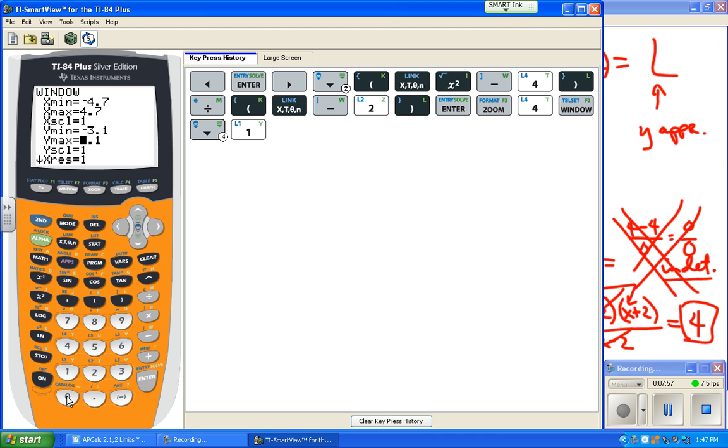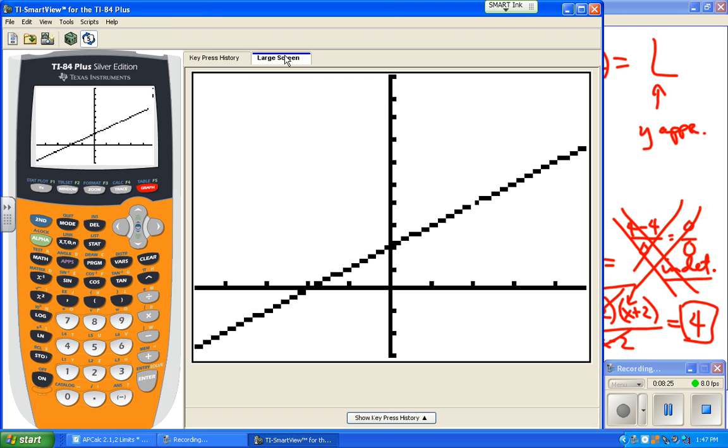The idea here is that I want those x values to count by tenths, because then it does numbers a little nicer for me. So this was zoom 4, and then I changed the highest y value because I want it to go taller. Let me get rid of that so it doesn't cause a problem, and let me switch that to a large screen graph.